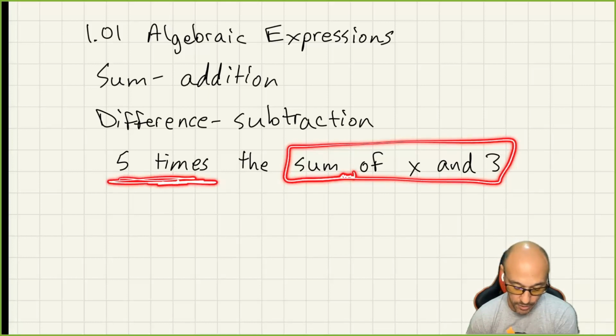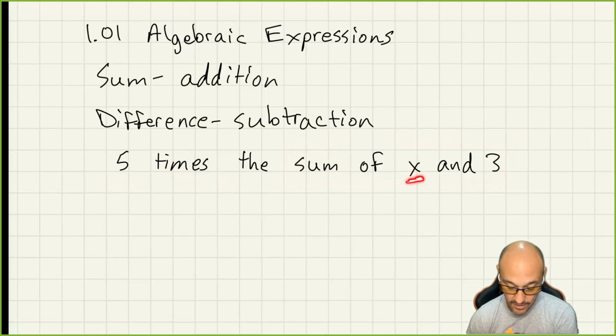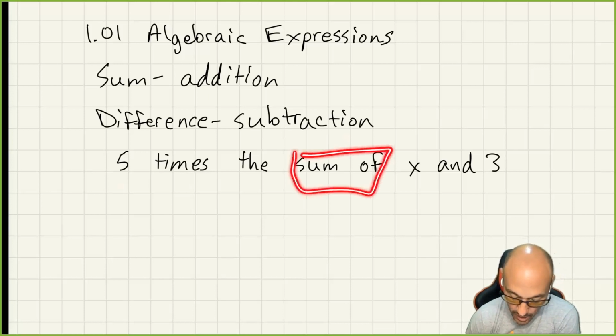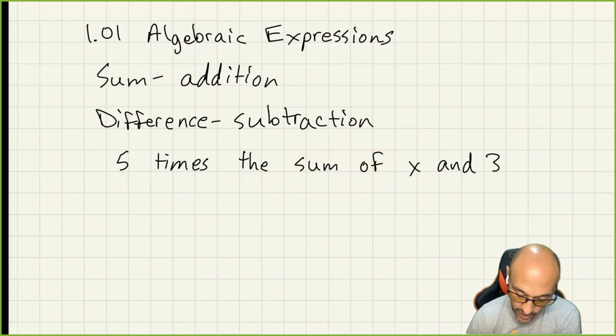We're not multiplying 5 by just x. We're not multiplying 5 by just 3. We're multiplying 5 by all of x plus 3. And so the sum of is saying multiply it by all of them.